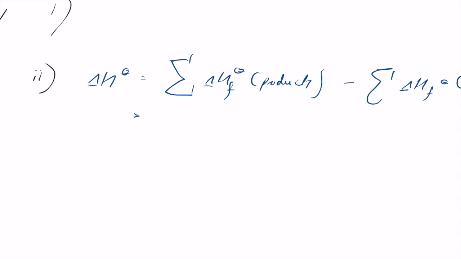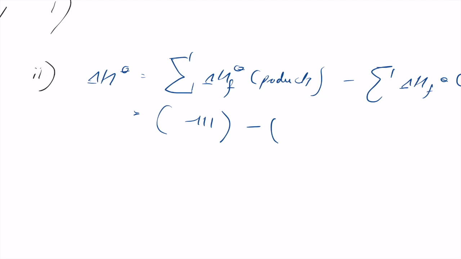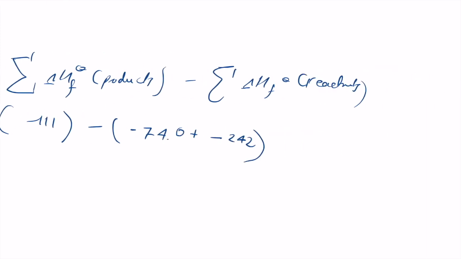Our products, well, we have CO, so negative 111, and then we don't have H2. H2 doesn't matter. And then we have H2O and CH4. So that's our products. And the answer you should get is 205 kJ.